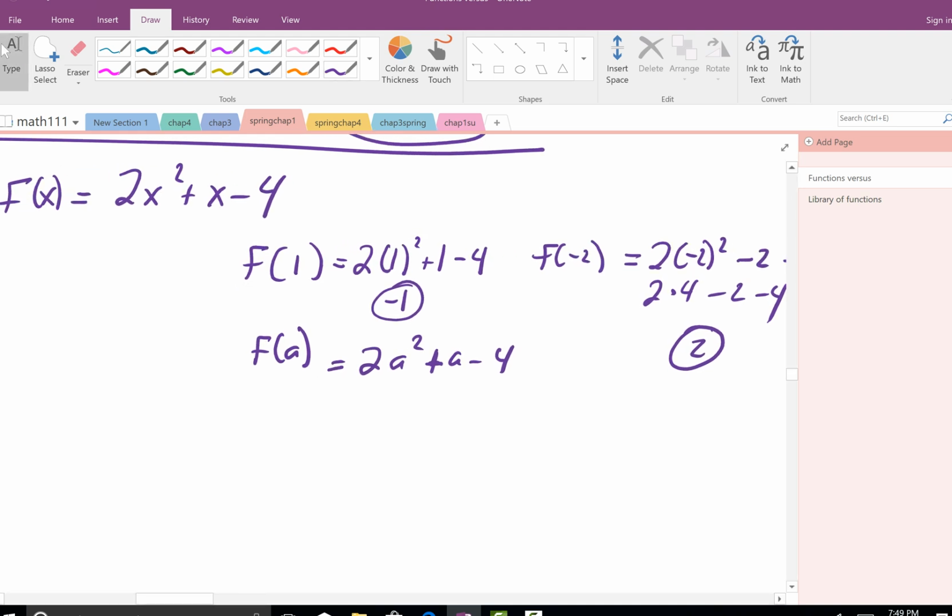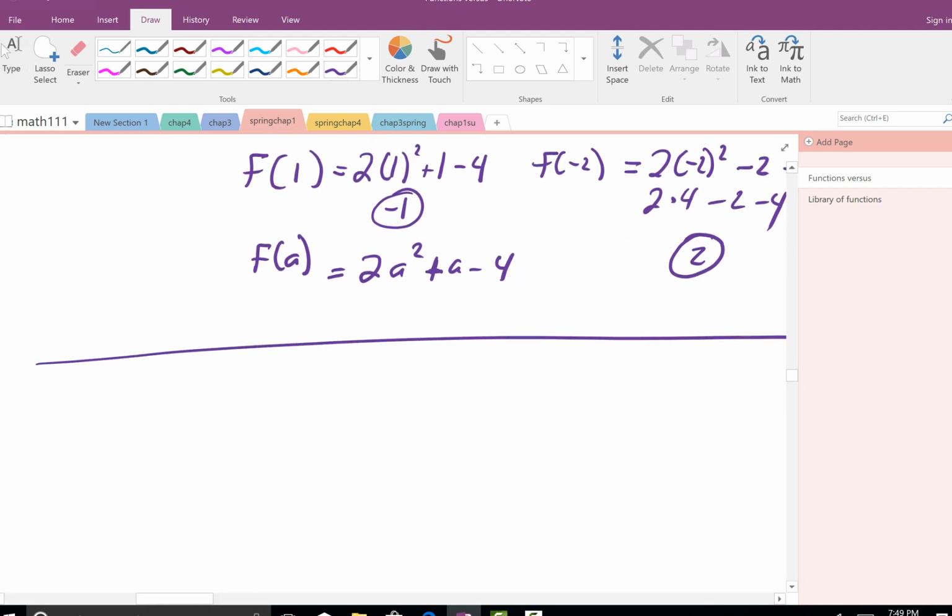The other problems they're going to give you in this section, this is all 1. Now they're going to introduce g of x, and then we're just going to ask you to do some operations.